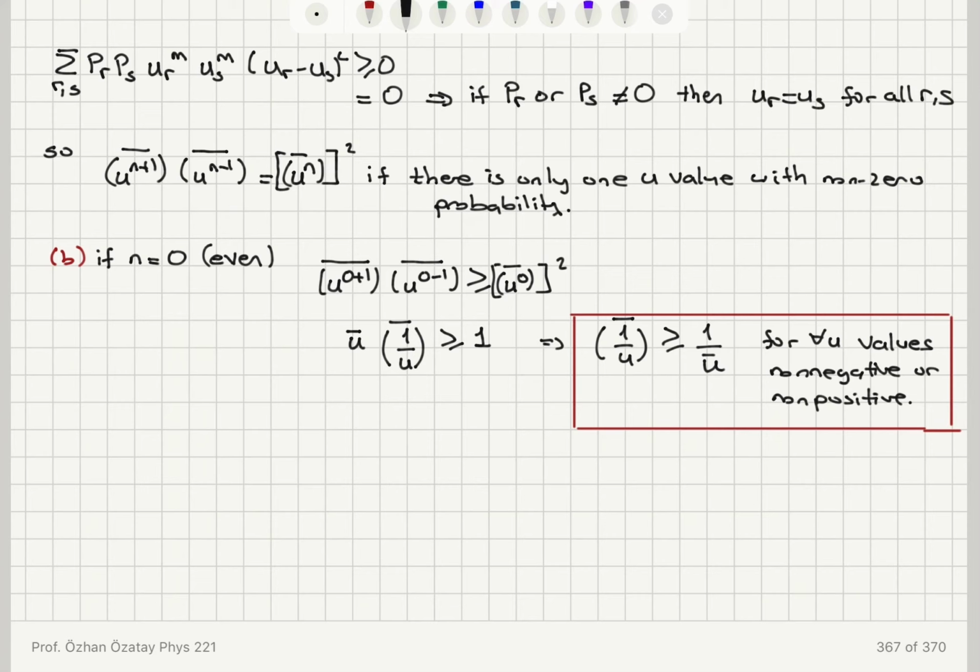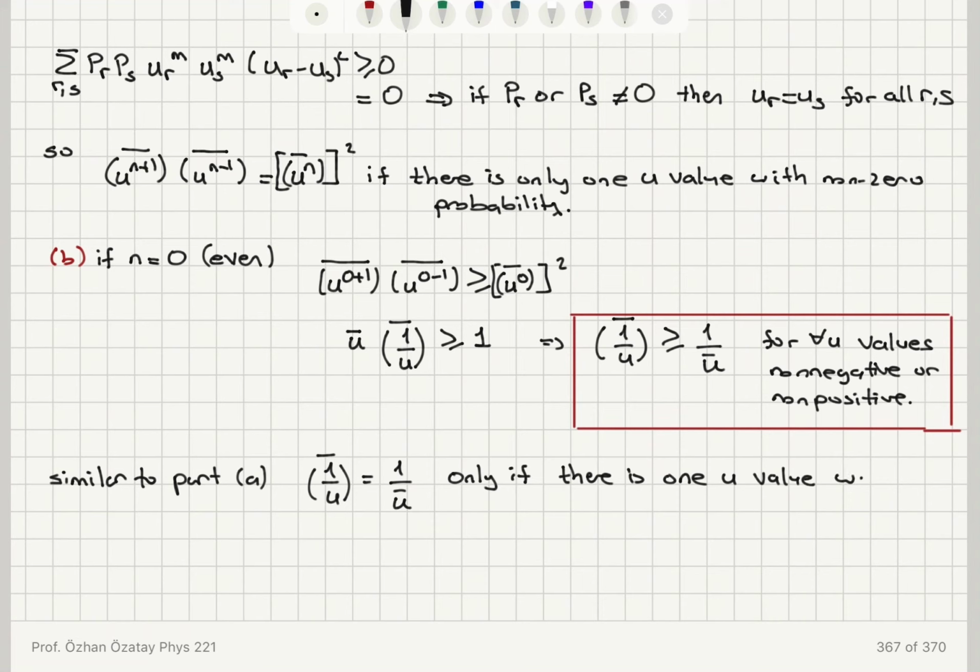So we can say that similar to part A, the mean value of 1 over U is going to be equal to 1 over the mean value of U only if there is one U value with non-zero probability.